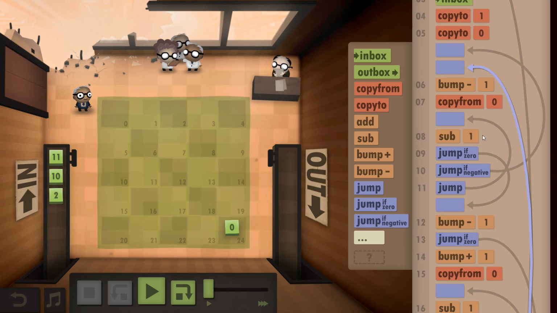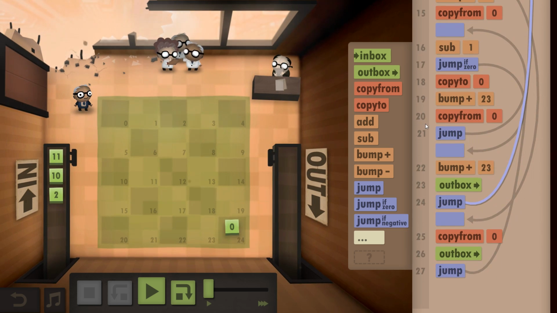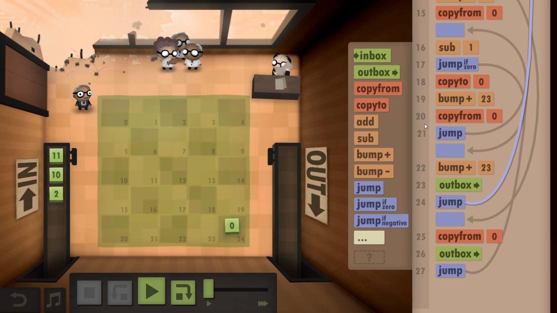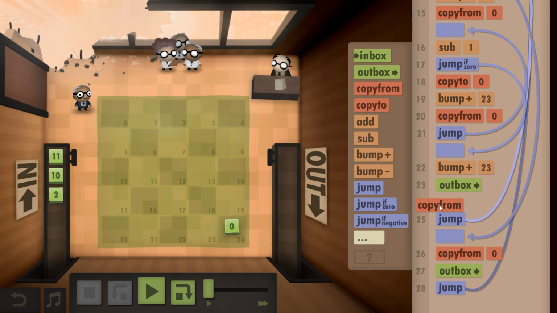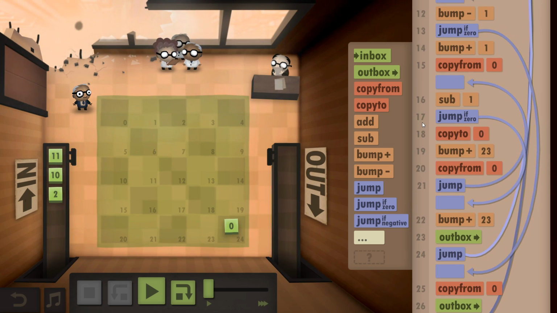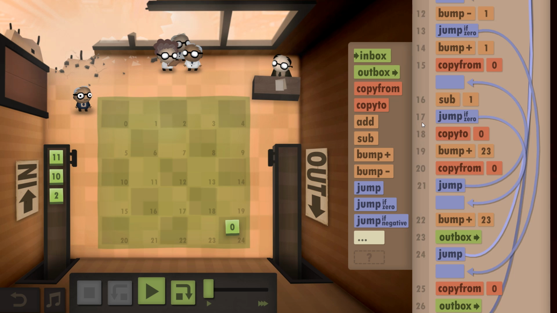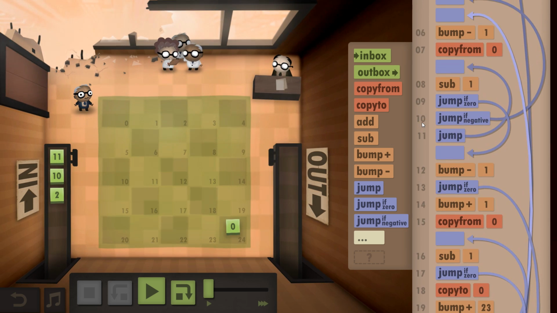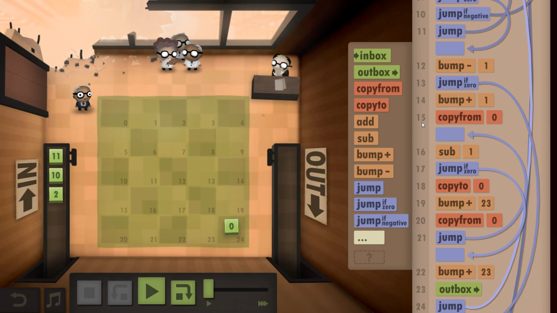Let's jump all the way back up here. Oh, I need to copy something somewhere. Copy from... Wait, what do I have in the end here?